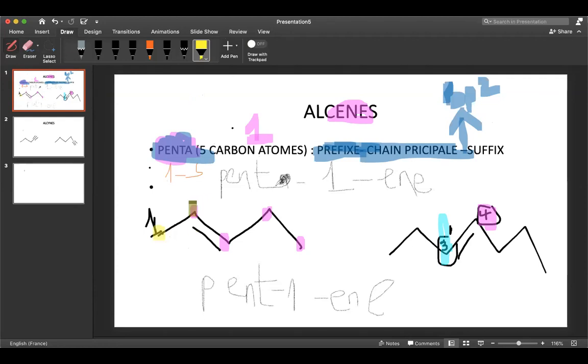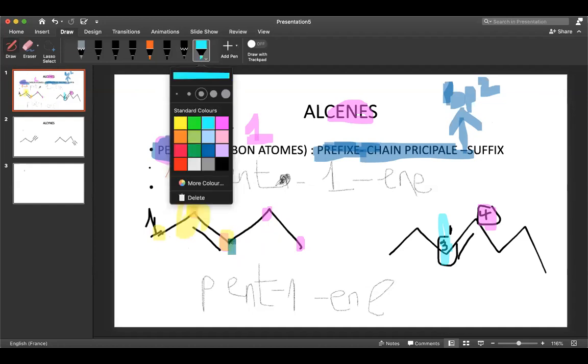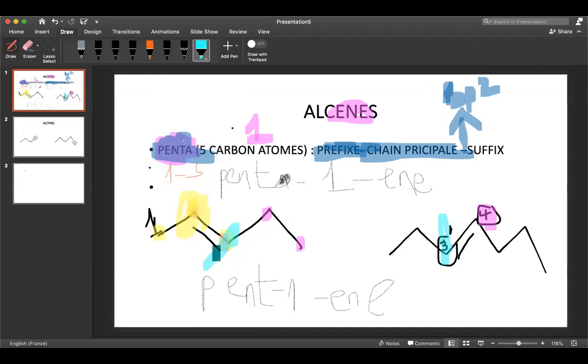That's position number 2. We also count from the other side 1, 2, 3, so position number 3. Position 2 is the lowest index compared to 3.